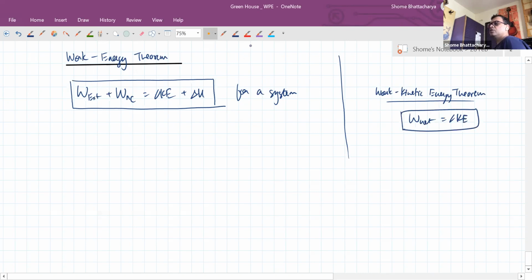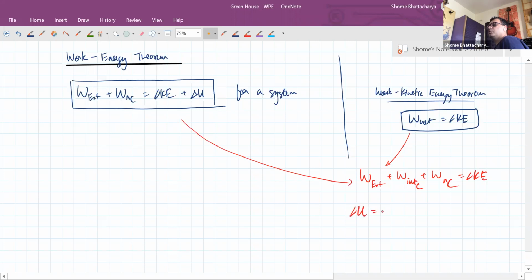So you can see that there's a correlation between these two, because you can split the net work done into work done by external forces plus work done by internal conservative forces plus work done by non-conservative forces. That's equal to change in kinetic energy. So if you compare this with this, now you can see that change in potential energy is nothing but negative of work done by internal conservative forces. So that is just the definition of change in potential energy.